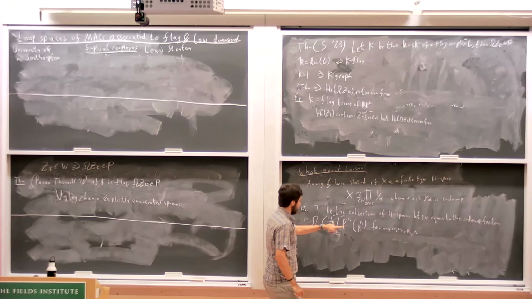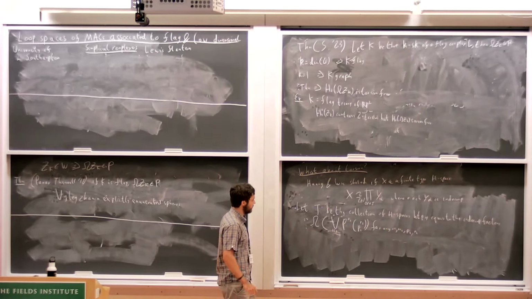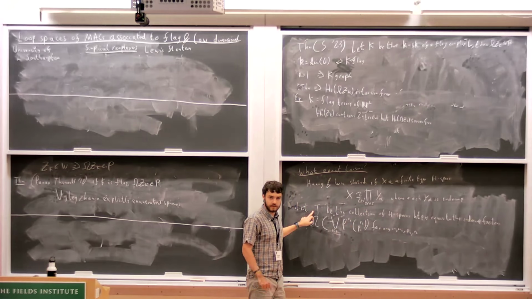So if you vary each of these parameters, and you look at all the different indecomposable factors that can appear in here, you just add all of these to your collection T.